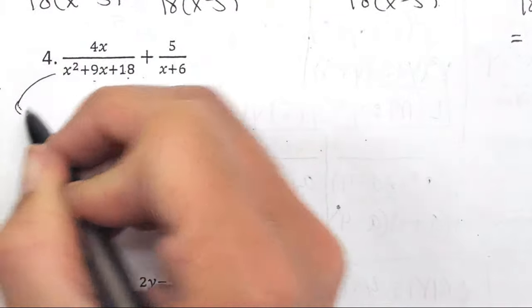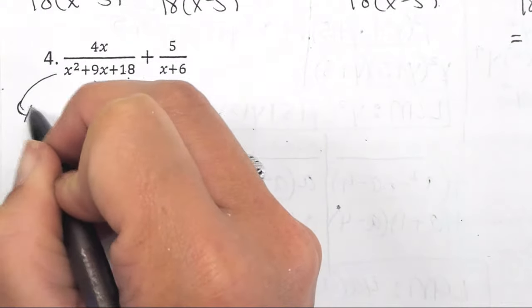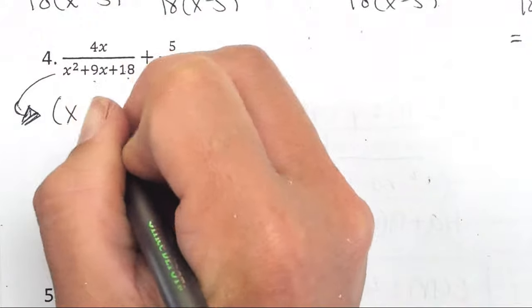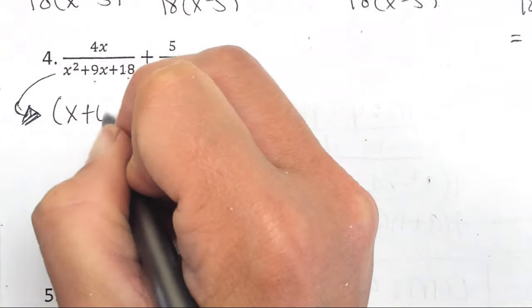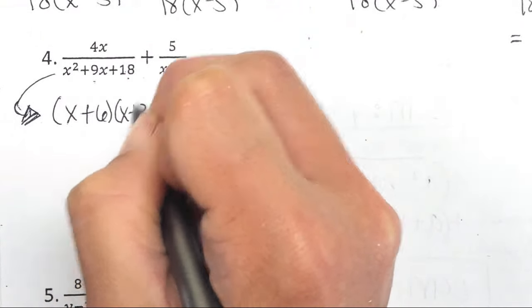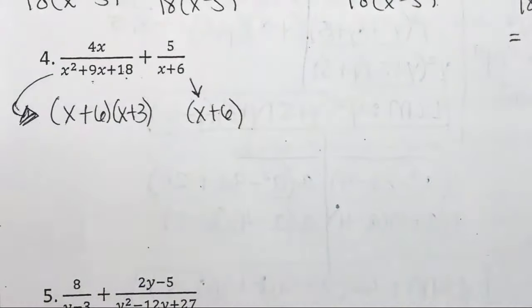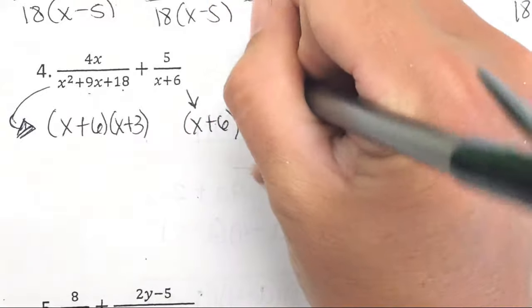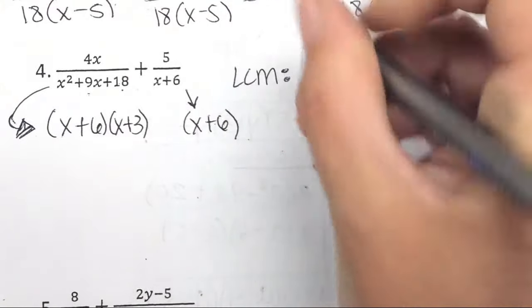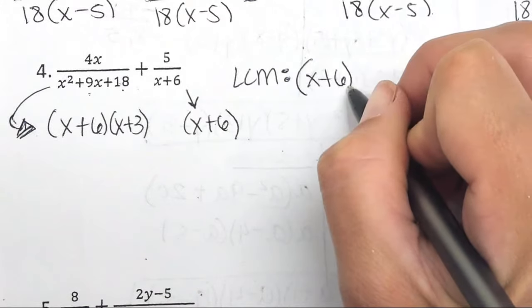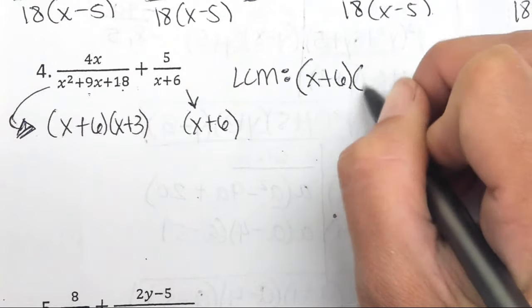What are factors of 18 that could add together to get 9? Perfect. So this is x. Good. And this one we can just leave as x plus 6. So Dylan, what would be our LCM? x plus 6. Is that all? x plus 3. Very good.